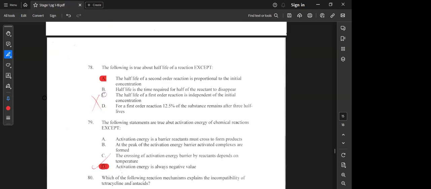Or is activation energy always a positive value regardless of the value that we get at the end of the reaction in the system?